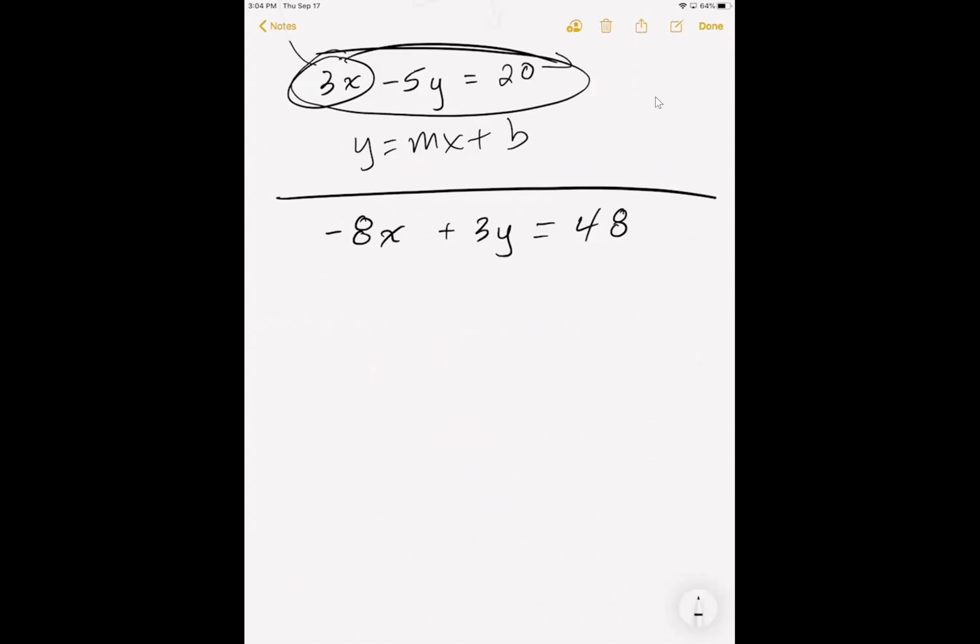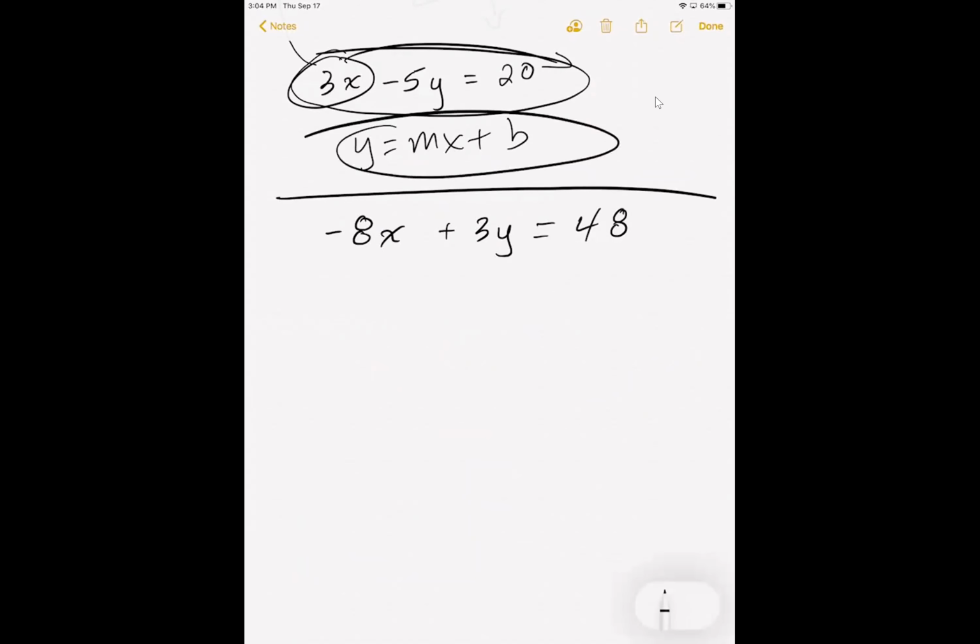Well, to graph this, we need the starting point and we need the slope. But looking at this, we don't know what the starting point is, and we don't know what my slope is, right? So how would I go about doing this? Well, the first thing I need to do is get y by itself.